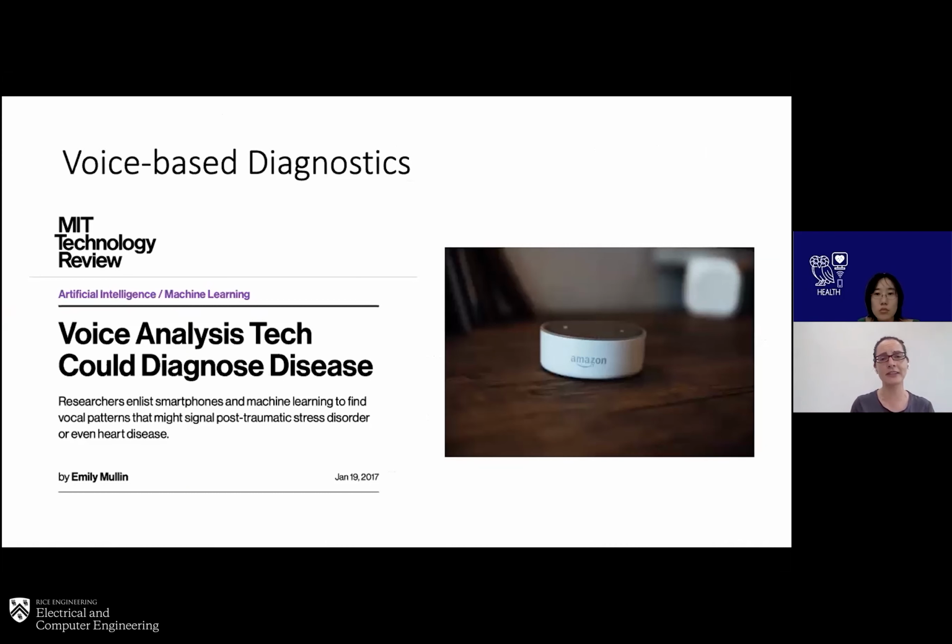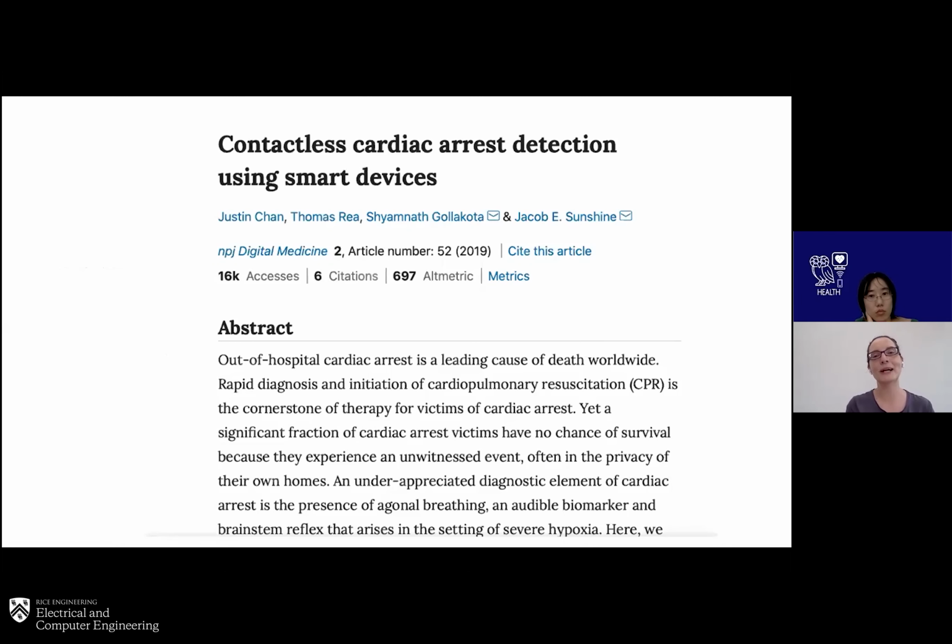Since then, of course, other researchers have shown that voice is indicative of lots of diseases. And this article of MIT Tech Review indicates that post-traumatic stress disorder could be identified through voice. Even heart diseases could be identified through voice. One paper I like, because this is a talk not just about my work, I like to cite this paper from colleagues at University of Washington that have used 911 calls data to analyze with simple classifiers, in fact, if someone was at risk of imminent cardiac arrest.